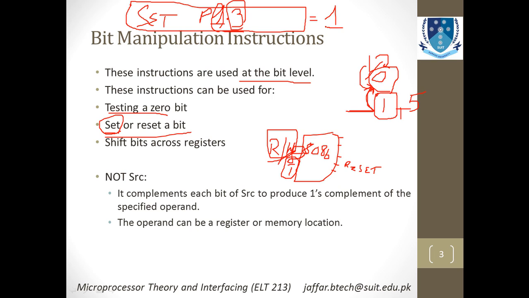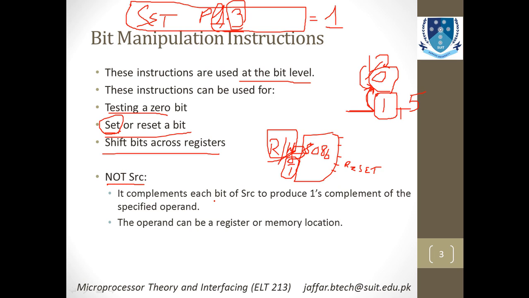So if you want to set a bit, you have to give it a 1. And how can you do this? You can do this by these instructions, and you can also use shift bit across registers. We will discuss in the later slides how this is achieved by the 8086 microprocessor using the bit manipulation instructions. The first command that you can use for bit manipulation is NOT source.